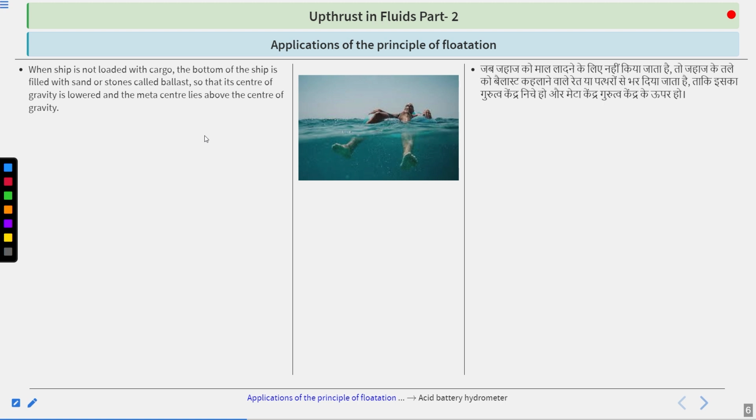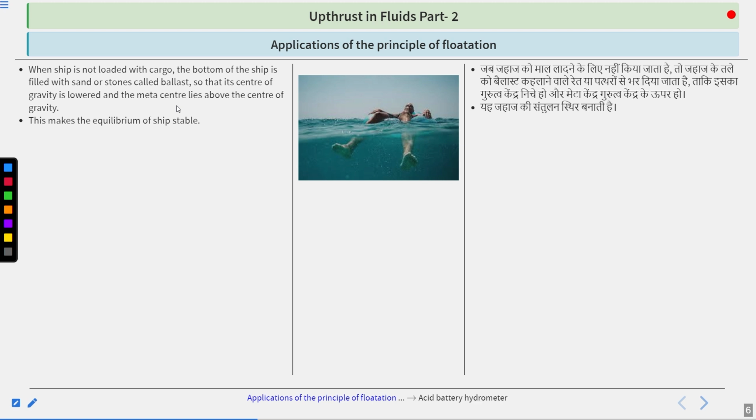So the ship bottom must be filled with sand or stone called ballast, so that artificially the load of sand or stone works as the load of the cargo. Thus the center of gravity of the ship will be lowered and the metacenter will lie above the center of gravity, so the stability of the ship will not be hampered.